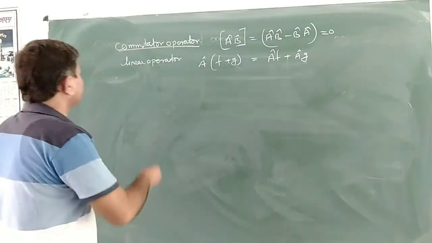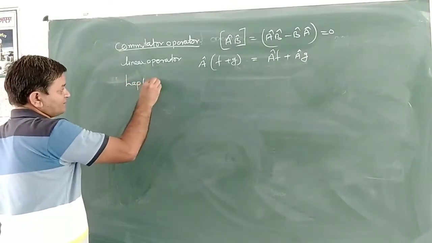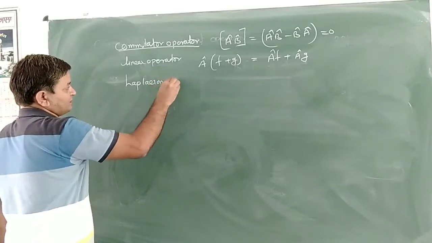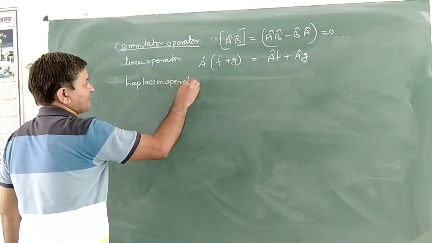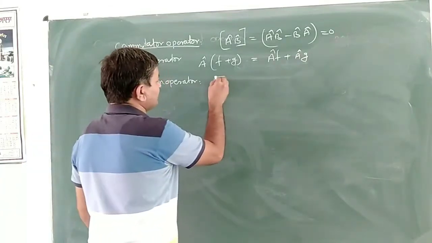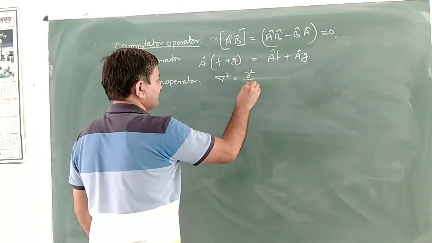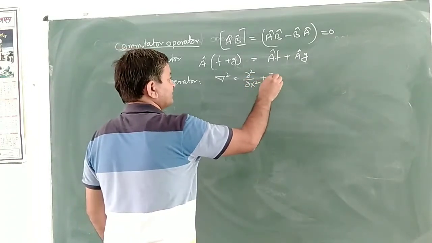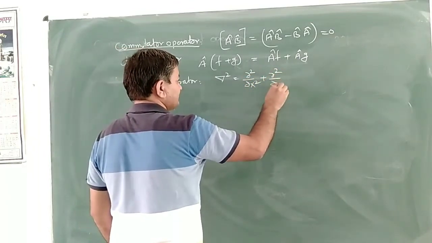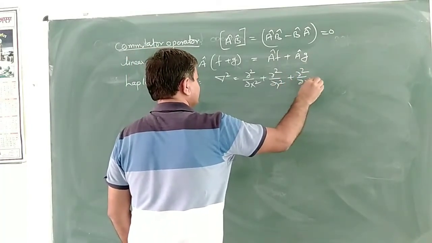After this, next comes the Laplacian operator. What is it? The Laplacian operator is denoted by del square, which is equal to curly square divided by curly x square, plus curly square divided by curly y square, plus curly square divided by curly z square.